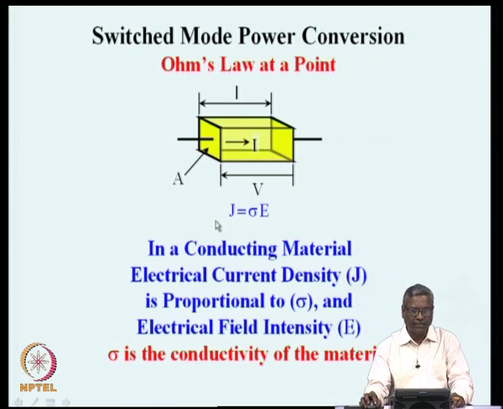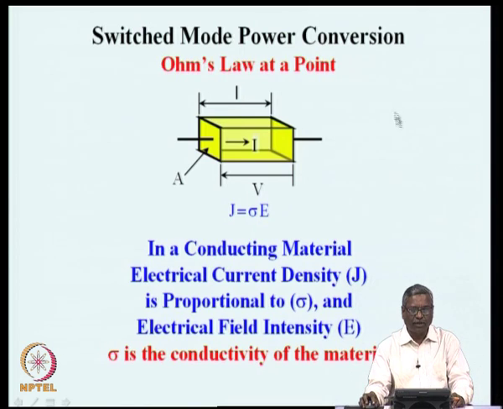We can see this as a cause and effect relationship, that in a conducting material, if a field intensity of E is set up and if the material has a conductivity of sigma, there will be a resultant current density, which is given by J in amperes per meter square.